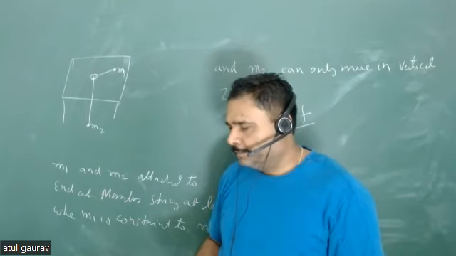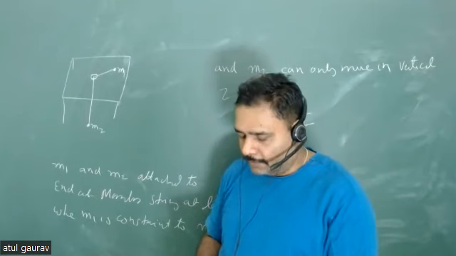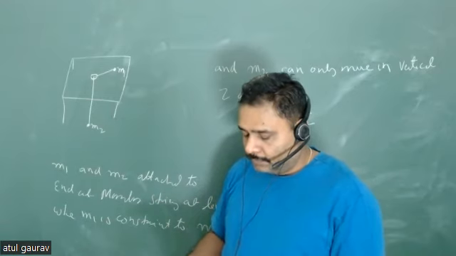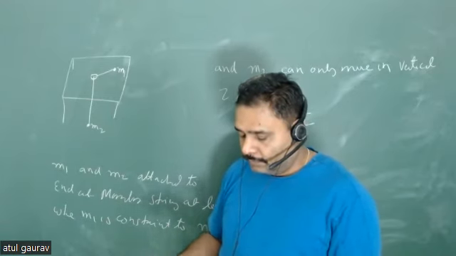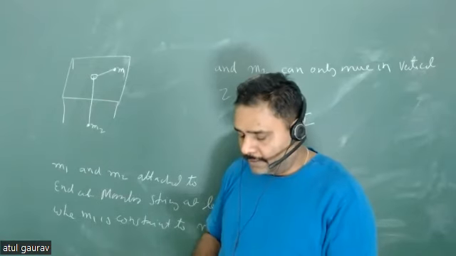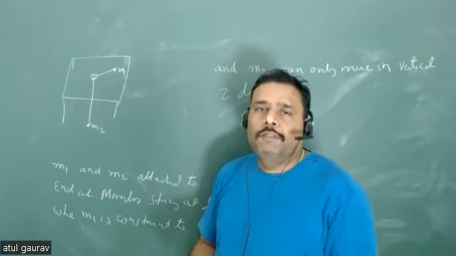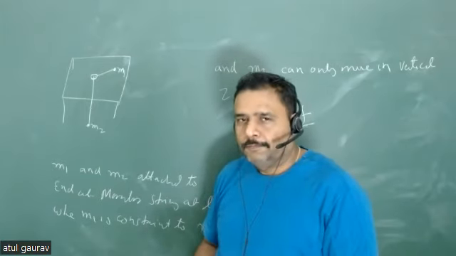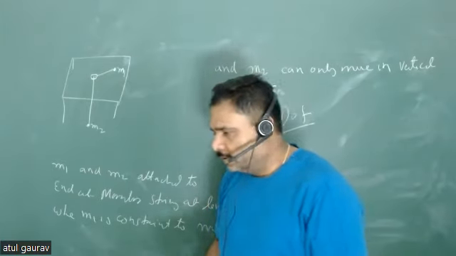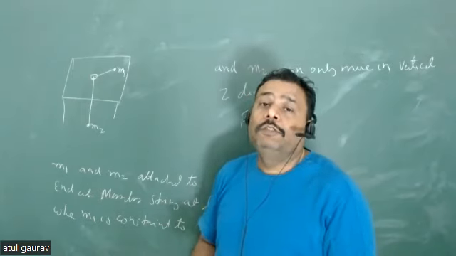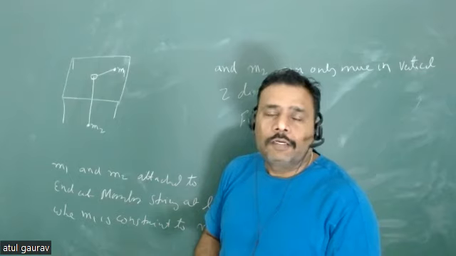Sir, I have a doubt. Yes, what is your doubt? Writing the degrees of freedom in the spherical polar coordinate system is easier than the other 2 systems. Why, sir? You will see when we solve the problem. And one of the reasons is that for writing the equation of constraint, we are using only one variable in spherical polar coordinates, isn't it?